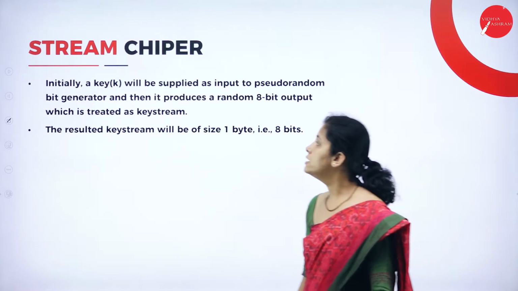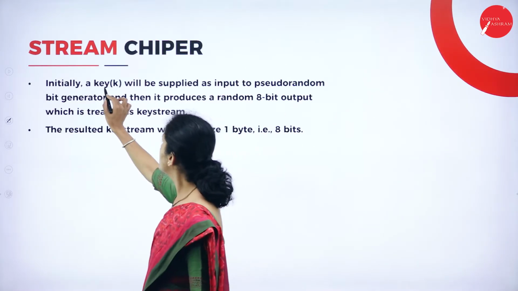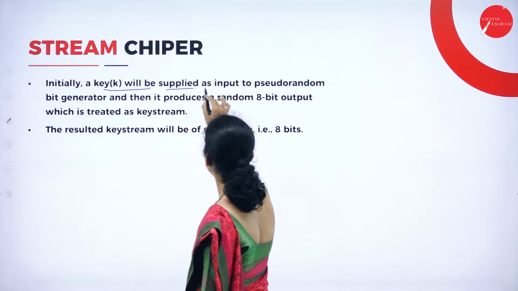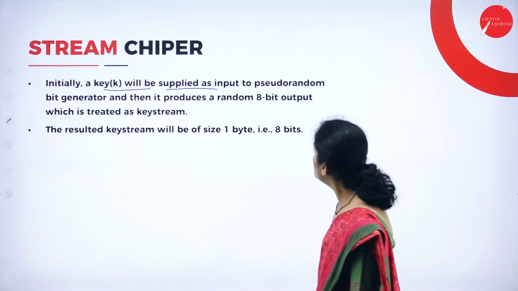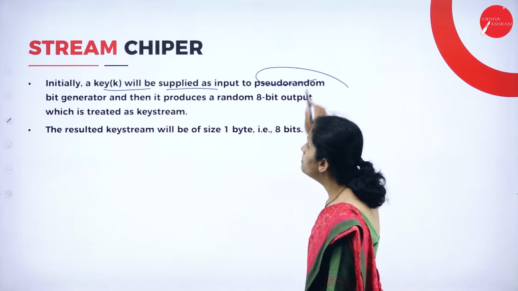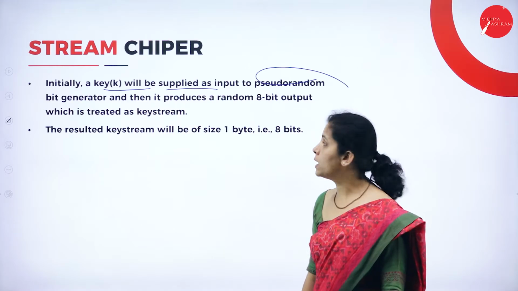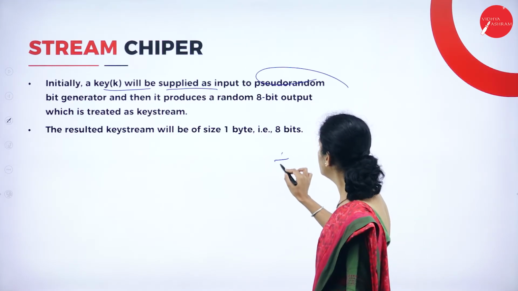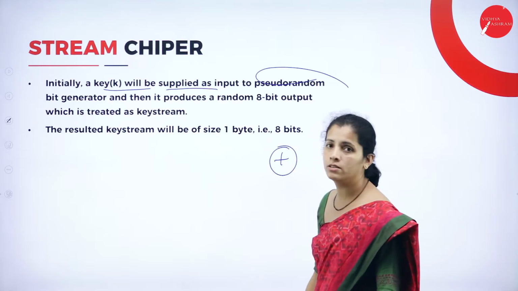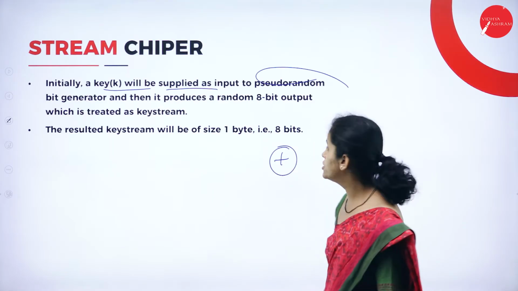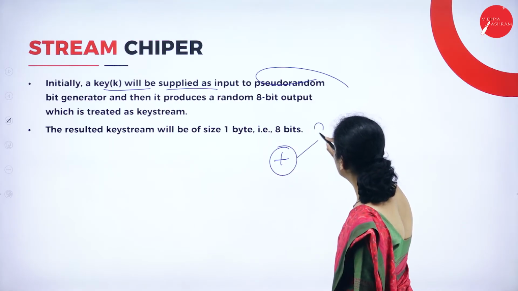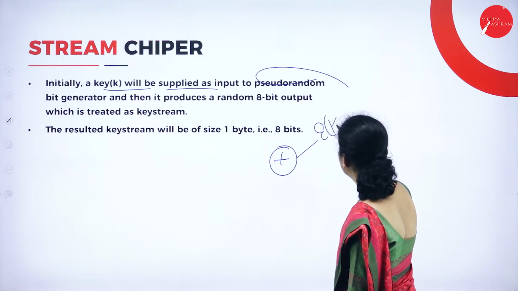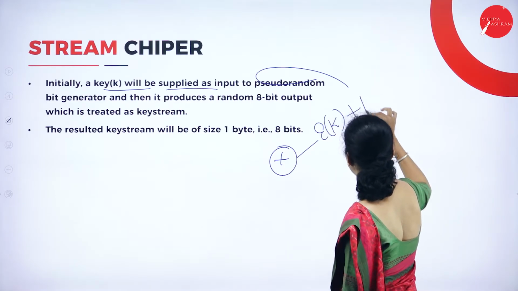Now see here, initially a key K will be supplied as input to a pseudo random bit generator. So what is this pseudo random bit generator? That is nothing but an XOR operation. For the XOR operation, we provide the encryption algorithm with the key plus plain text.